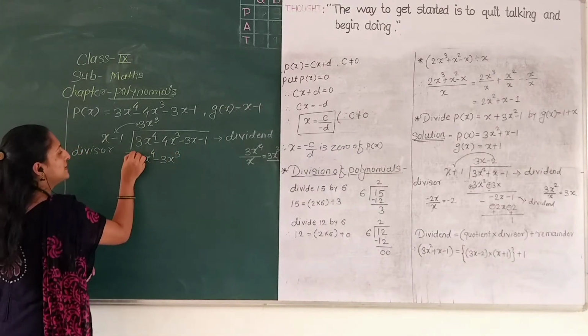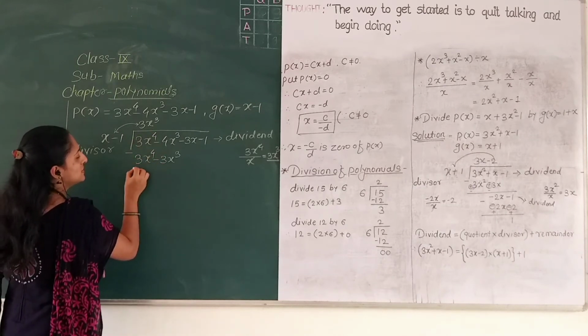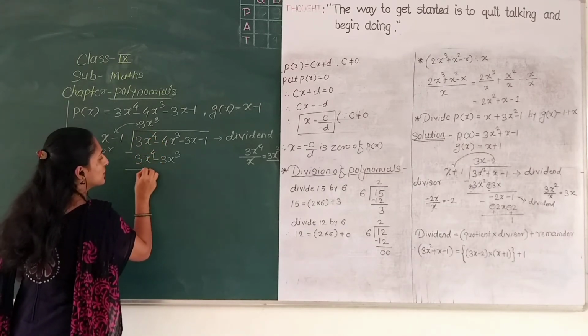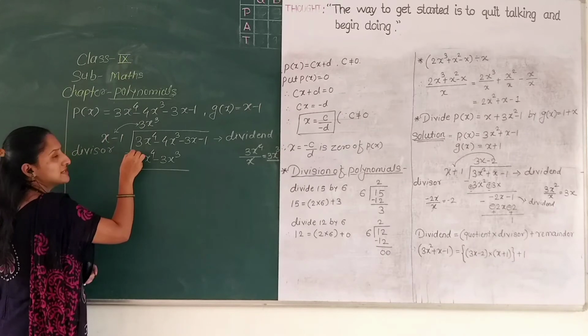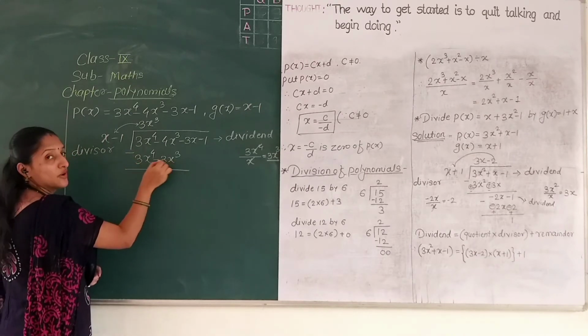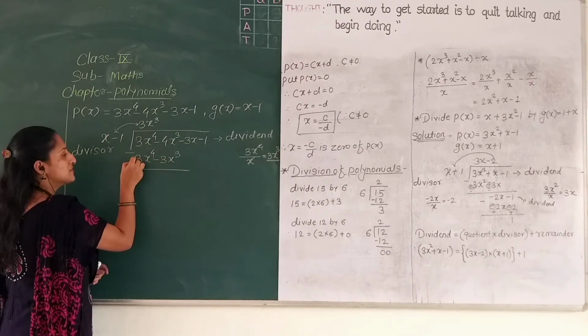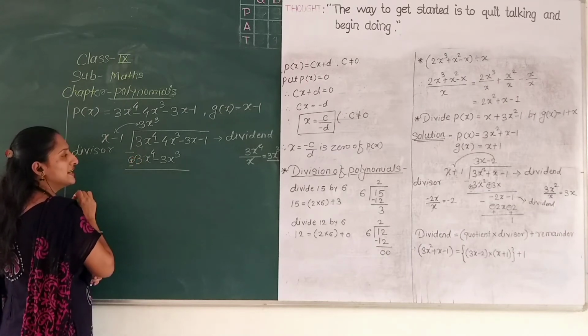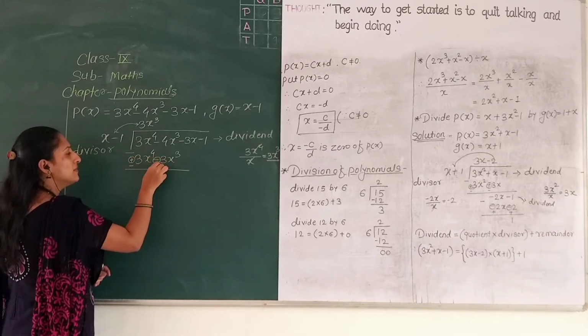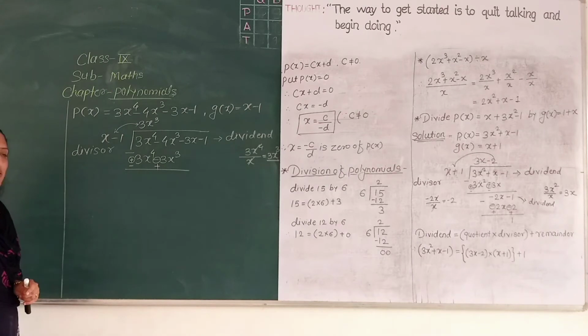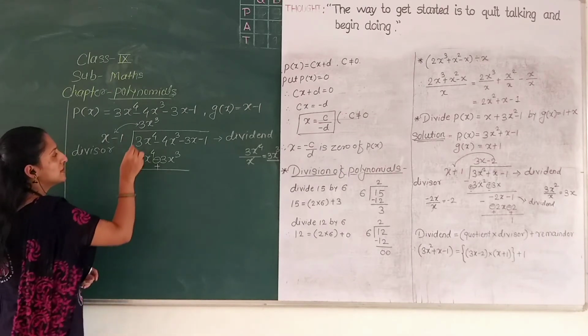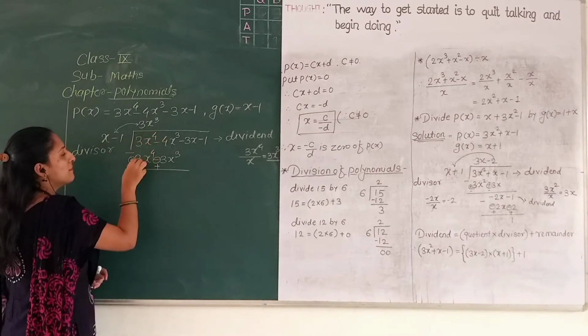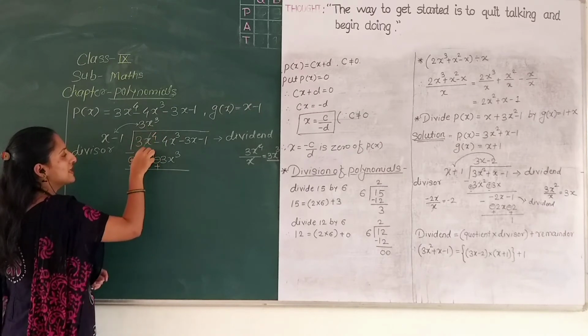Okay. Now subtract this product from the dividend. Here there is a subtraction sign, so the sign of this polynomial will change. This positive becomes negative and this negative becomes positive. Now take the subtraction. 3x raised to 4 minus 3x raised to 4 will cancel.